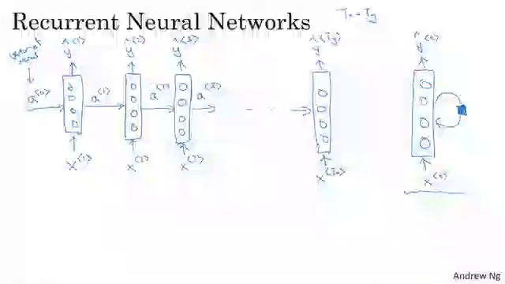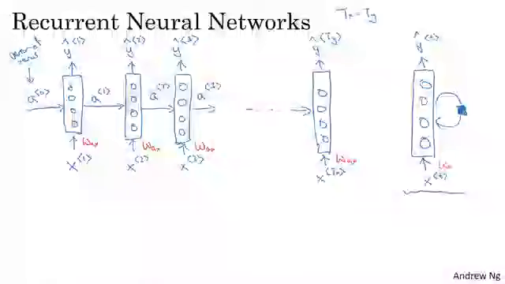The recurrent neural network scans through the data from left to right, and the parameters it uses for each time step are shared. So there'll be a set of parameters, which we'll describe in greater detail on the next slide, but the parameters governing the connection from x1 to the hidden layer will be some set of parameters we're going to write as W_ax, and it's the same parameters W_ax that it uses for every time step.